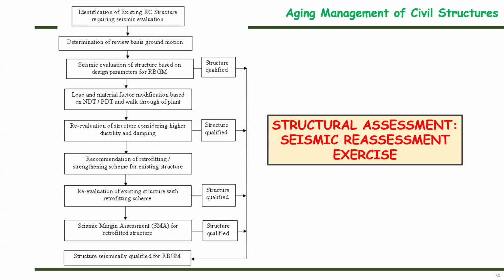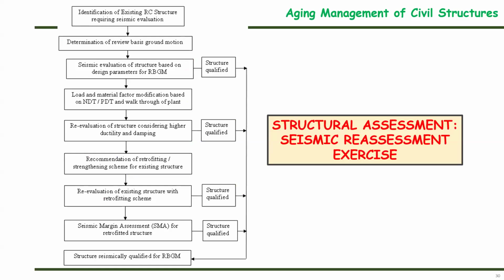And this is the flow chart I have given for the seismic reassessment exercise. What we do is model the structure. As a first step, we generate the finite element model using the actual strength of the concrete, the actual loading of the structure, plus the review basis ground motion.